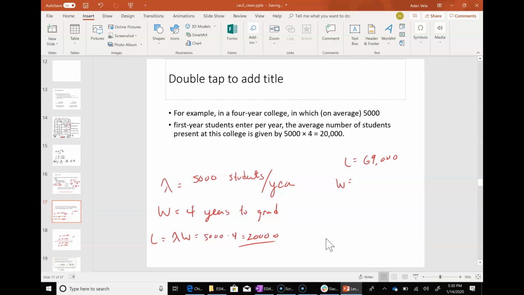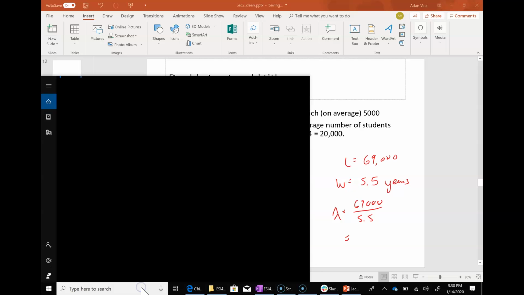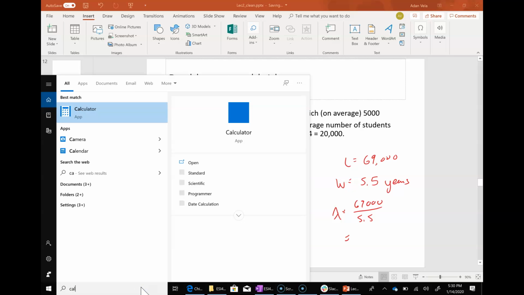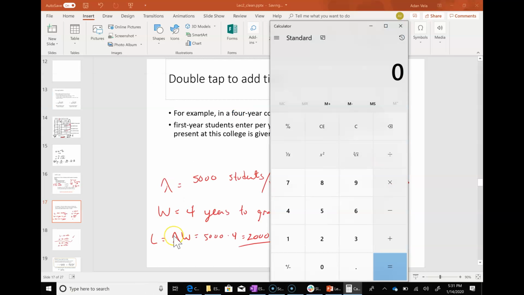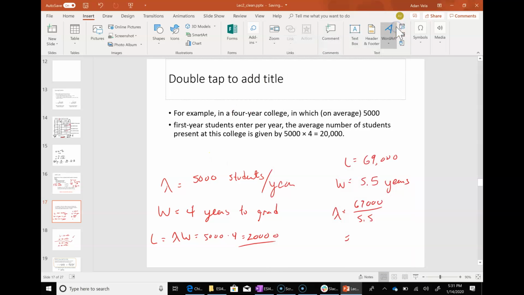So I'm going to go with 5.5 years. We could apply Little's law and take 69,000 and divide by 5.5. That would tell us, on average, how many people we're accepting into UCF each year. So about 12,500.